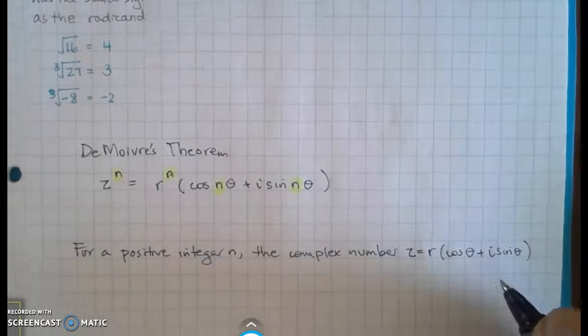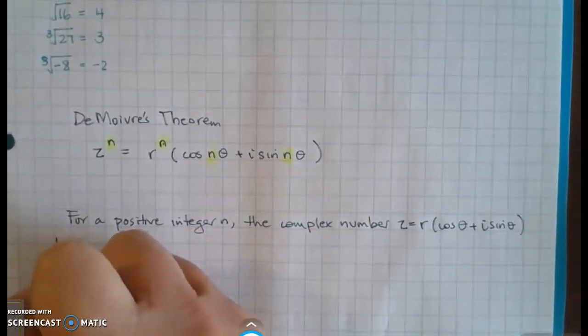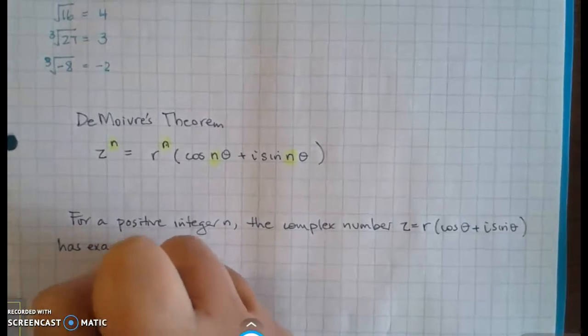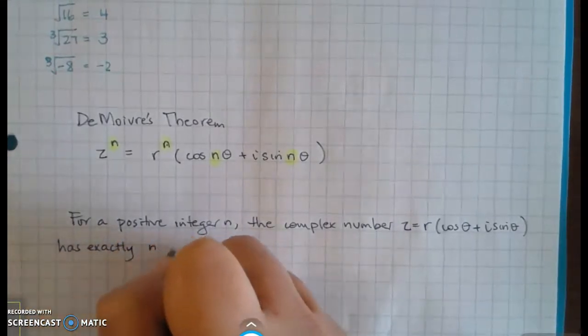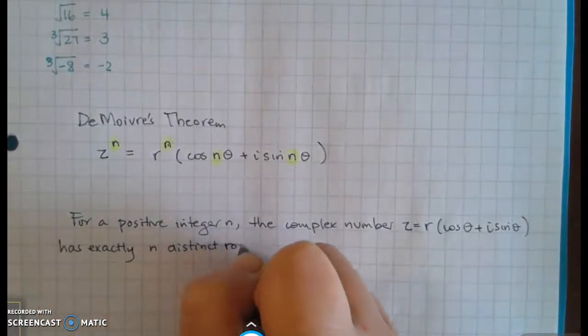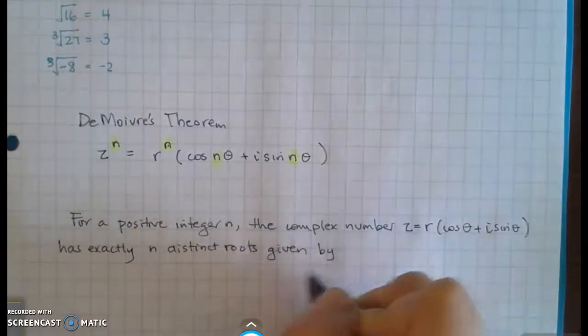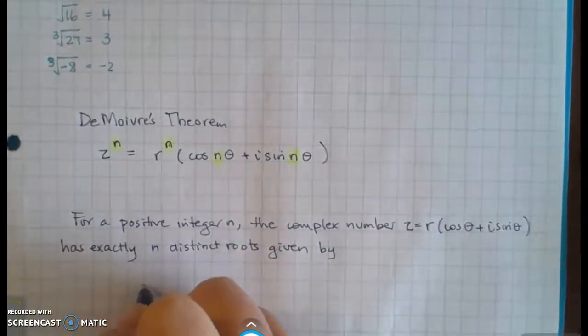So z is a complex number here, and it has exactly n distinct roots given by this formula right here.